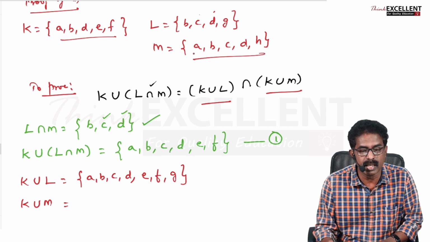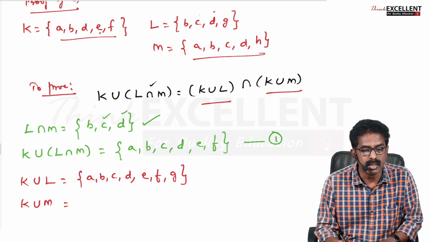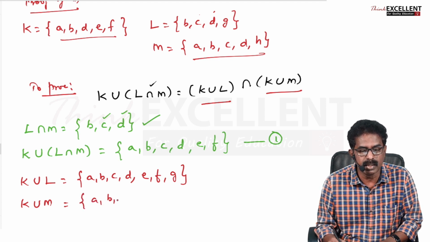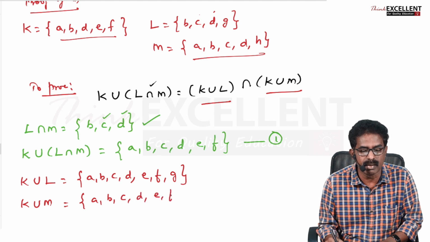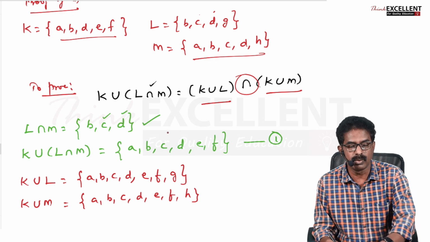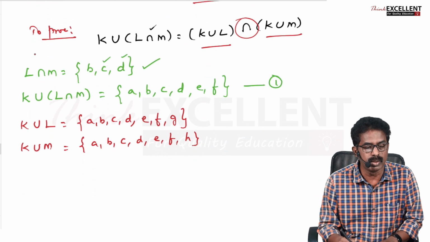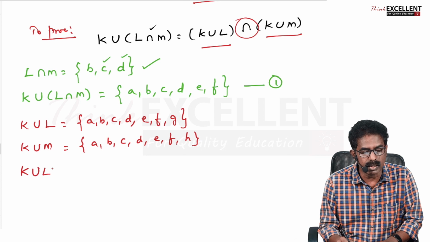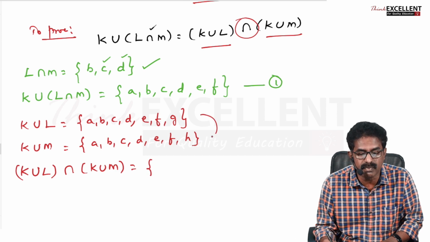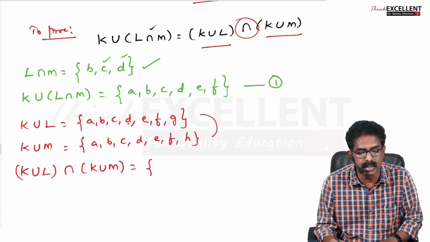So here itself A, B, C, D, E, F, H. Now you take the intersection: (K union L) intersection (K union M). The elements which are common for these two. See what are common? A, B, C, D, E, F are common, right?